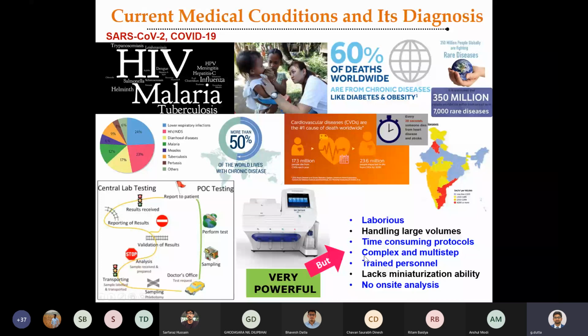If we think about point of care, the device should be very small, so that we can drop the sample and detect the disease, and it comes very close to the patient. Like the glucometer available nowadays, the patient can detect by themselves. They just prick the finger, drop the blood, and they can see.